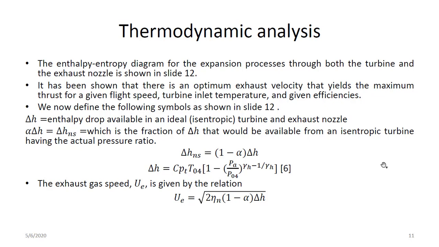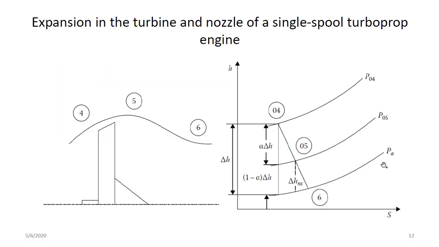So the change in enthalpy that is available in the nozzle is 1 minus alpha multiplied by the change in enthalpy, and this is illustrated here on this sketch. So between 4 and 5, on the left hand side of this sketch, there will be an enthalpy decrease, and that is being taken care of by this subscript, okay?